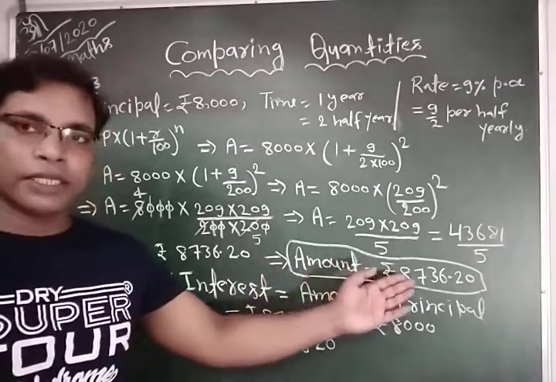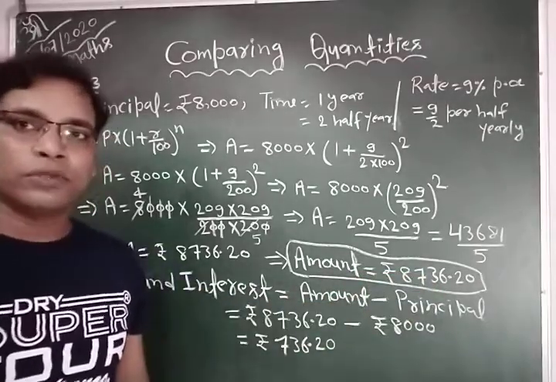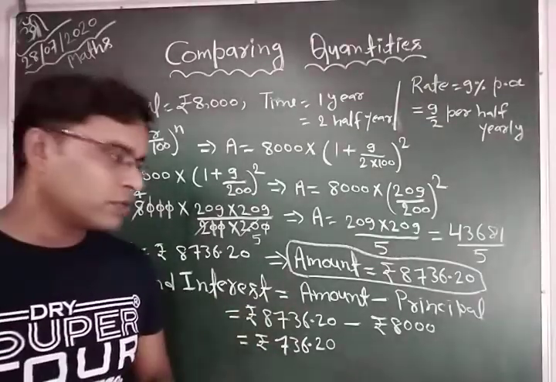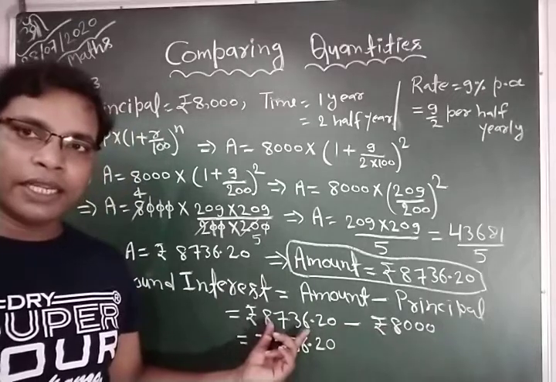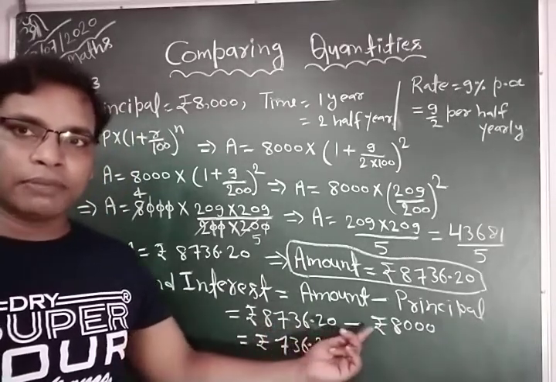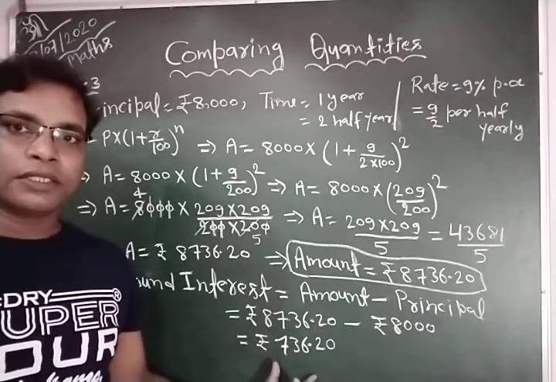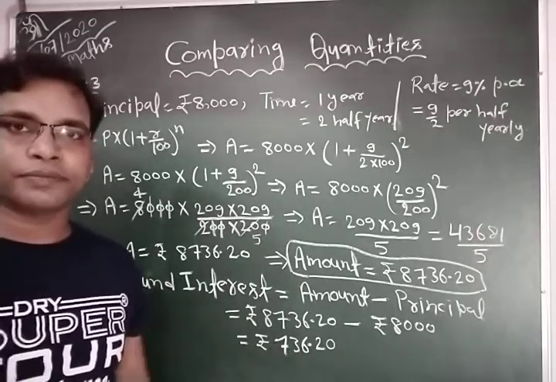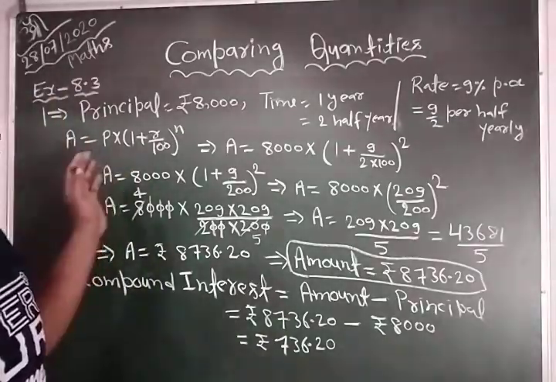The amount is 8,736.20, and after this we find compound interest. Compound interest is equal to amount minus principal. This is equal to amount 8,736.20 minus principal given 8,000, and we subtract it and we find 736.20. This is our compound interest. Clear?